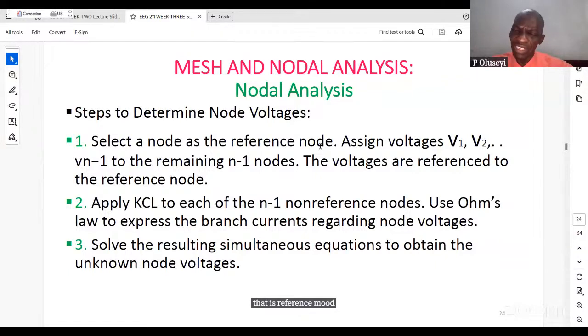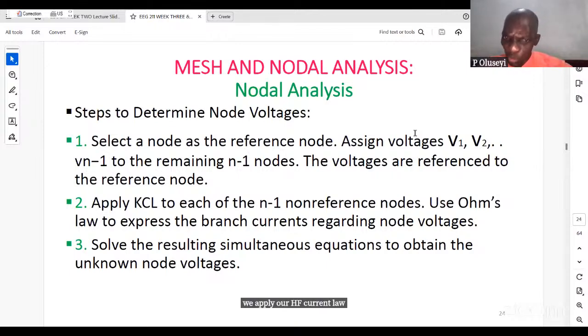So if I have 4 nodes in my circuit, I will take one of the nodes as my reference node, and the other 3, I will label them as V1, V2, V3 for a 4-node circuit. And then we apply our Kirchhoff current law.